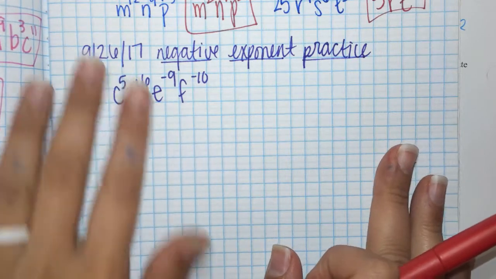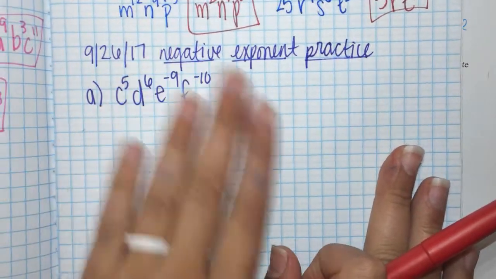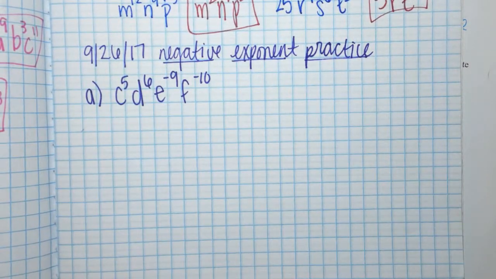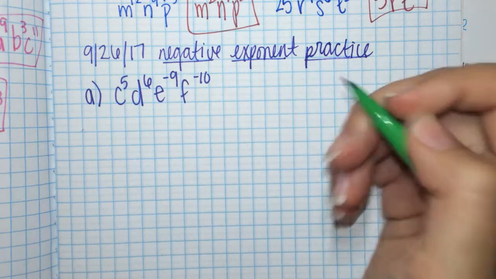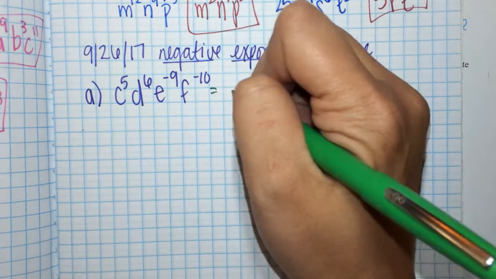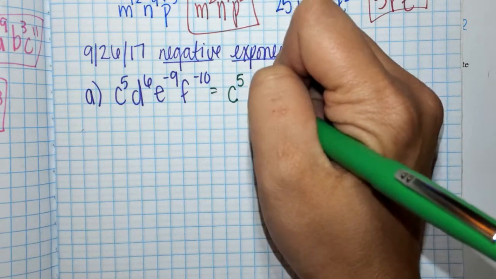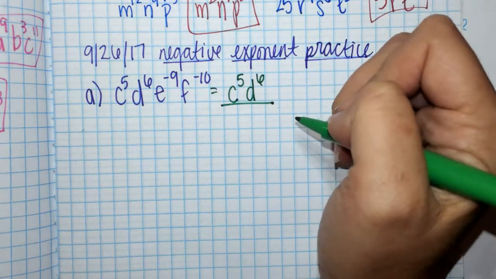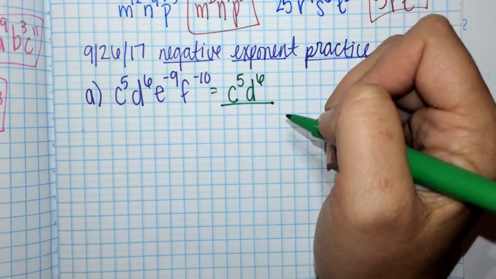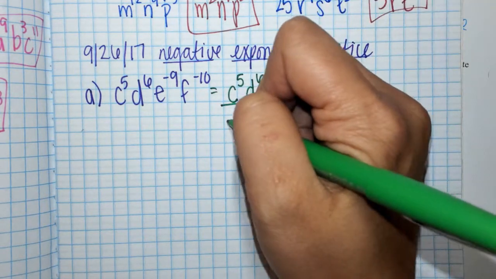So, with these negative exponents, what are we going to do? We're going to put which ones on the bottom? The negative. So what are we going to do with those positives? Leave them at the top. So this is C to the 5th, D to the 6th, divided by, what happens when we put it on the bottom of the fraction?